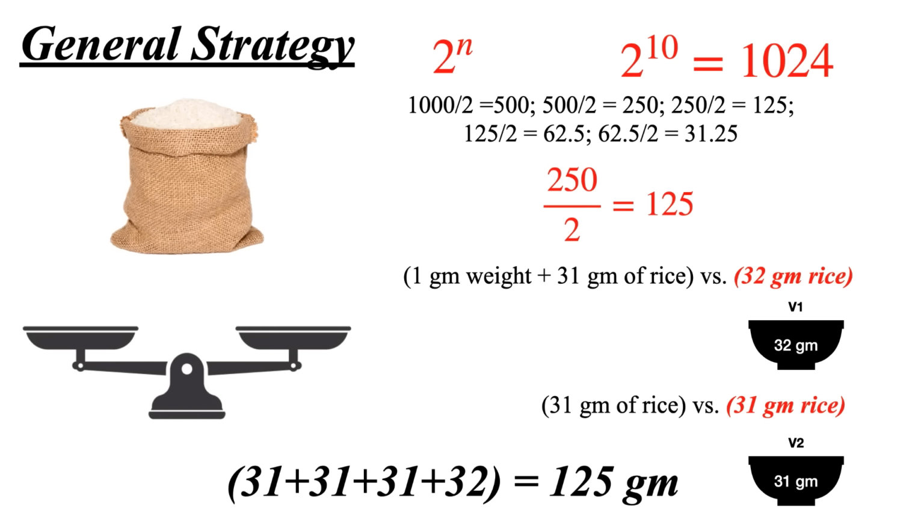Hence, once 1 gram weight plus 31 gram of rice versus 32 gram rice is obtained, we double the rice approximately by keeping 63 gram in pan A and 1 gram weight in pan B, and thus get 62 gram of rice, which is 1 less than 63 into 2 grams. And then combine all the rice, we actually have 125 gram rice which we needed in the first place. So from here we can double the rice and get 1 kg rice. So by following this logic, we can get the required result in simple steps.